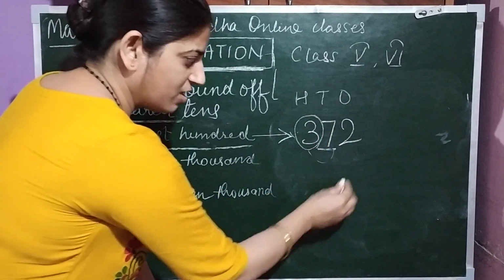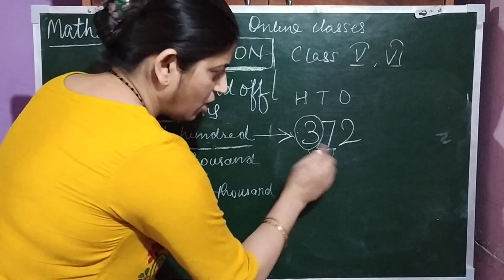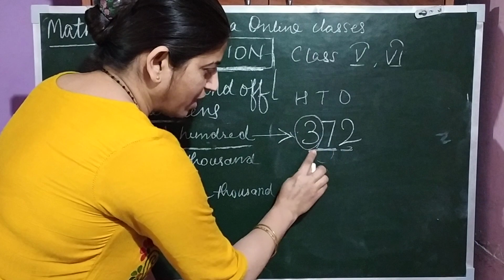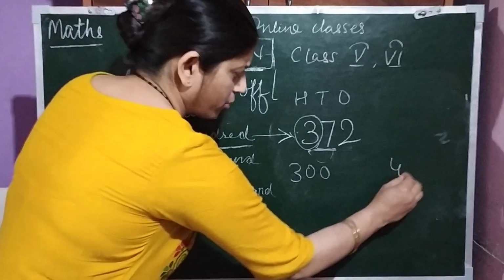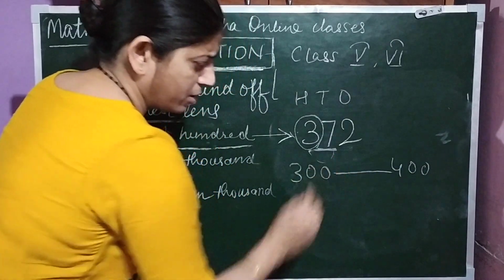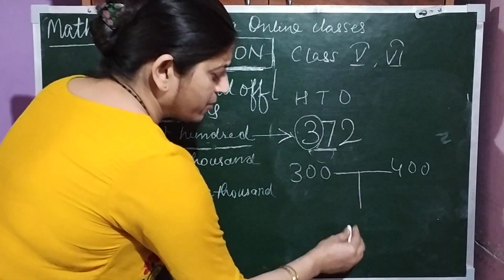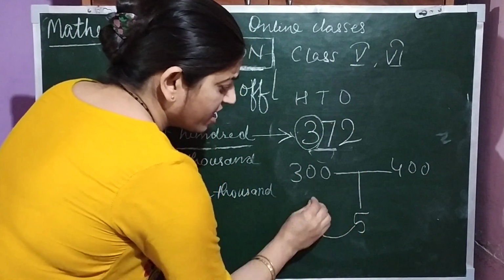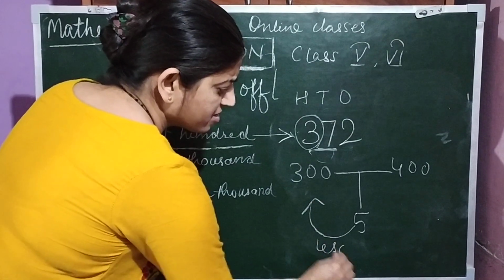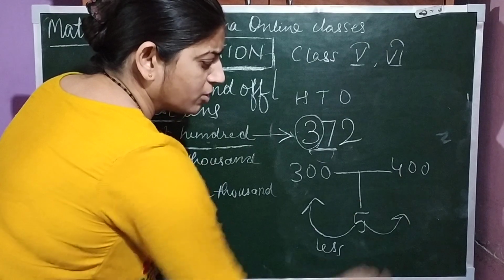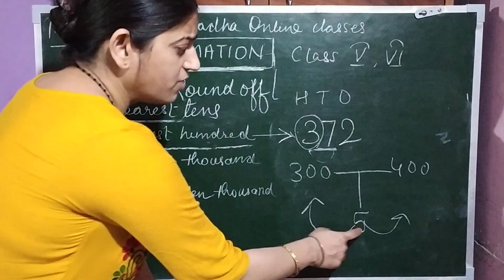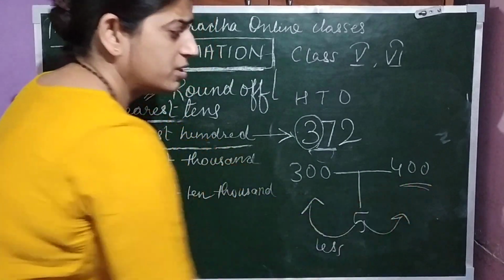Tens place is 7. 372 means it will lie between 300 and 400. If tens place is less than 5, then it will go to this side. If it is 5 or more, then it will go to the other side.